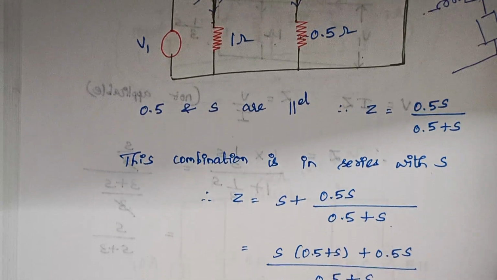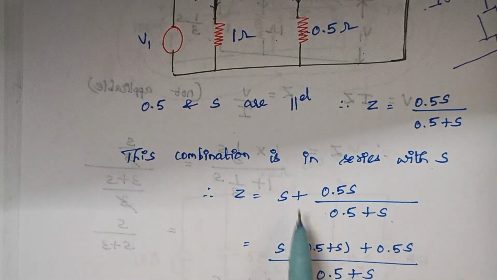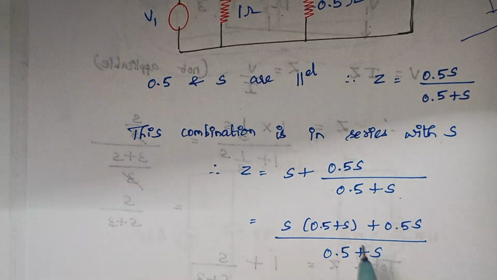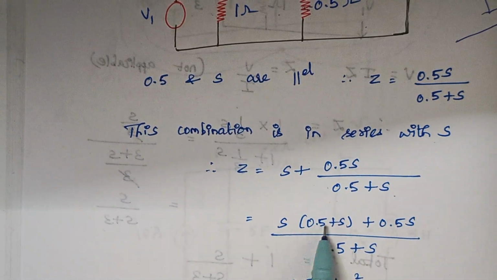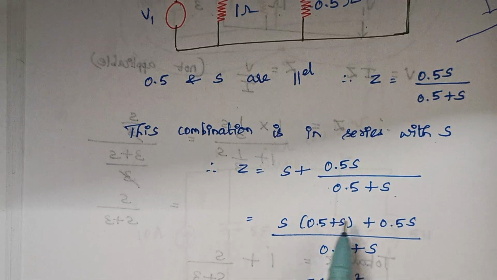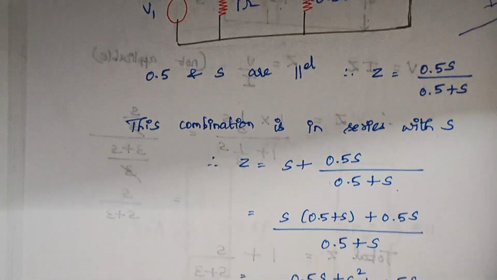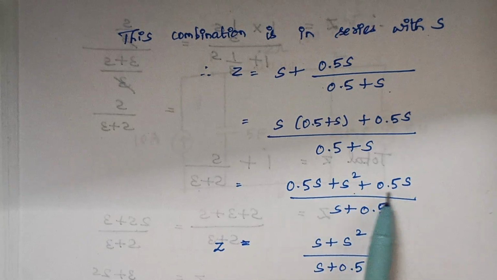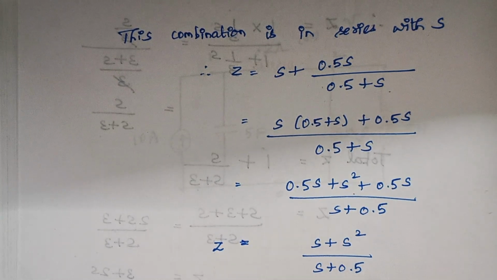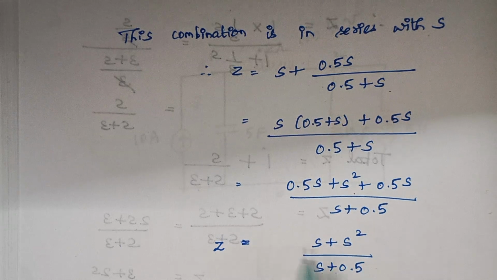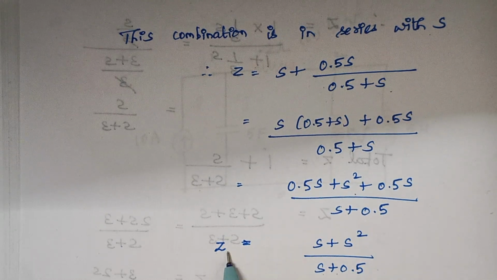Once you take LCM, this term gets multiplied with S plus 0.5 S divided by 0.5 plus S. When you multiply, you get 0.5 S plus S square. So 0.5 S plus 0.5 S make 1 S. Therefore, S plus S square divided by S plus 0.5. This is the value of the impedance.